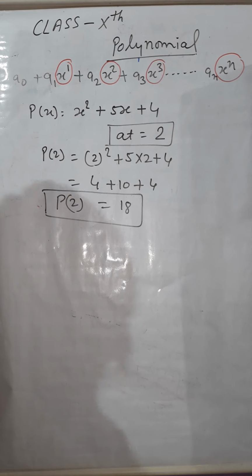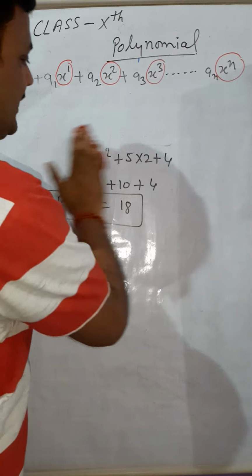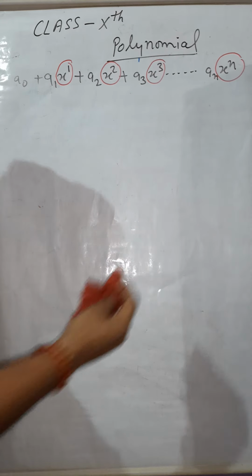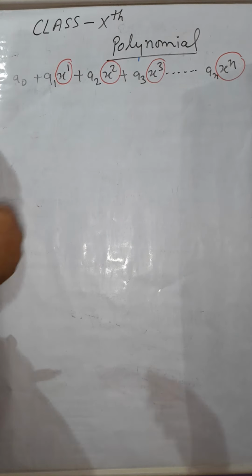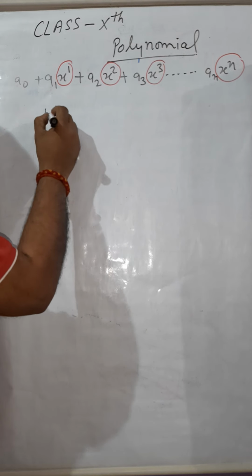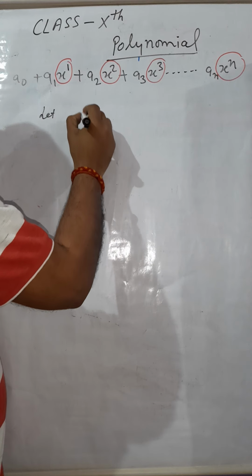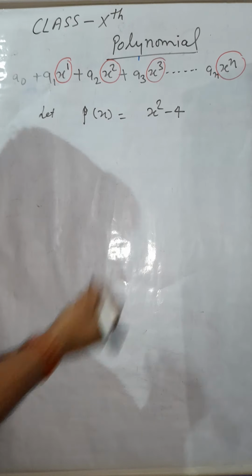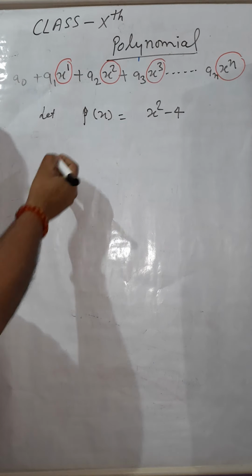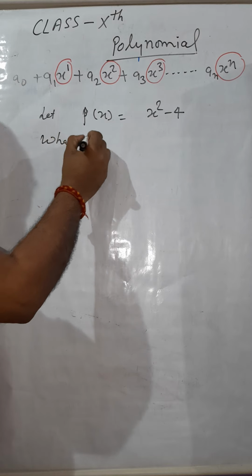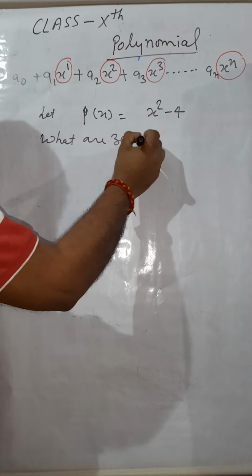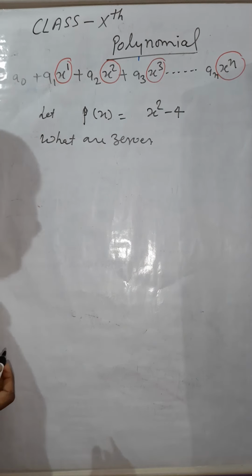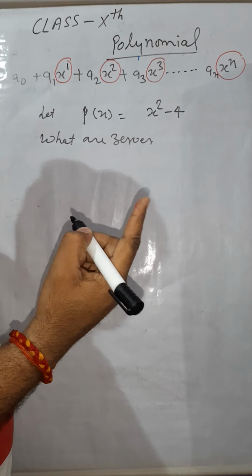Similarly, when we keep any value for x and the result is coming 0, let p(x) is equal to x square minus 4. So what are the zeros? Why am I asking about zeros?